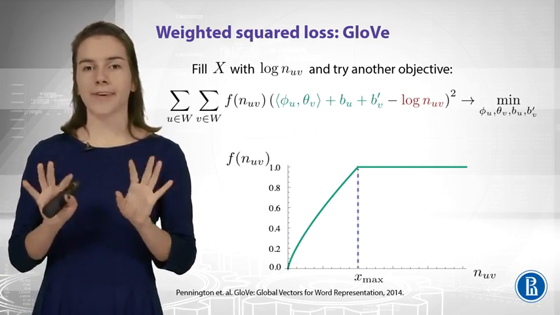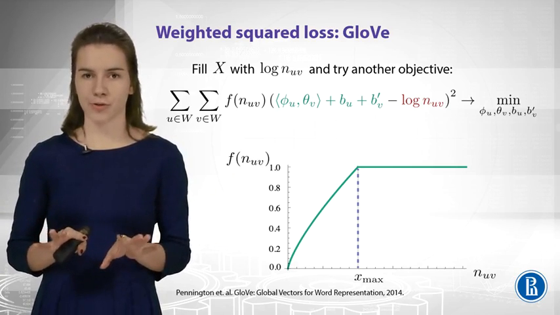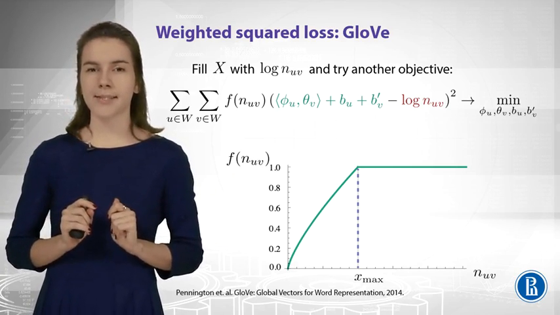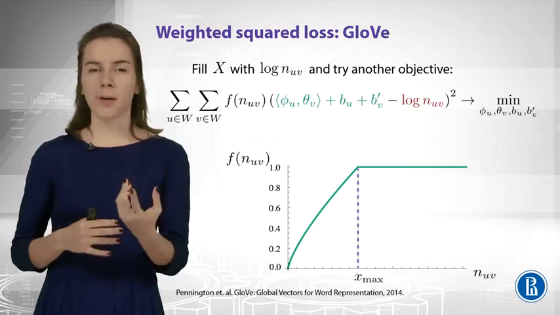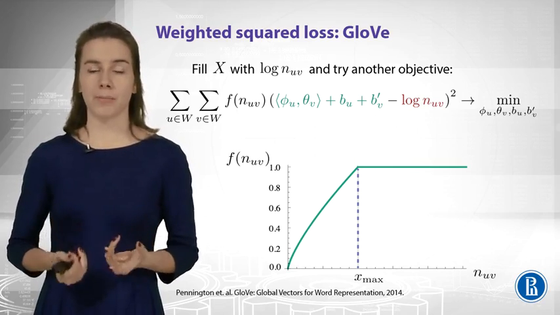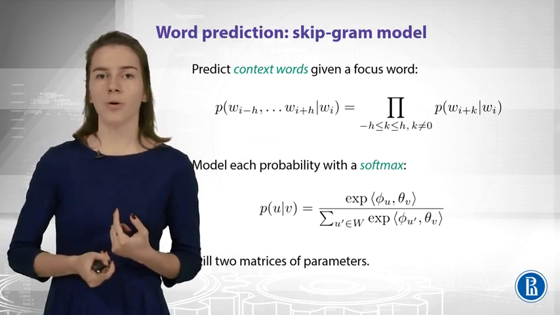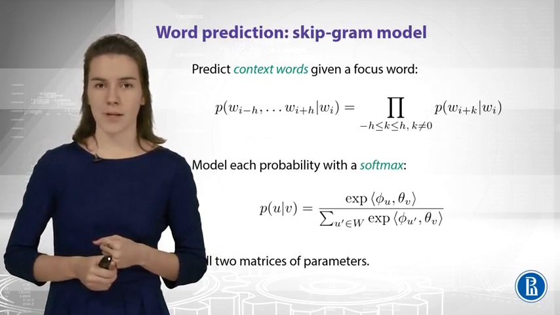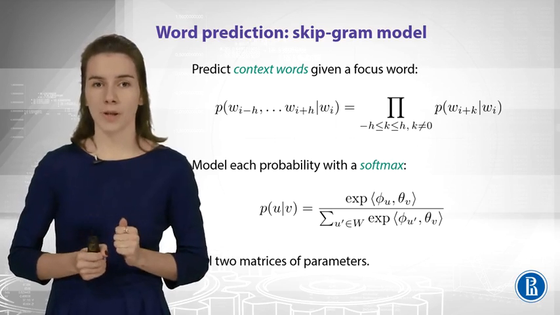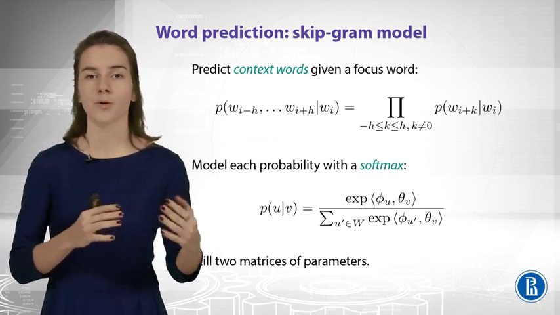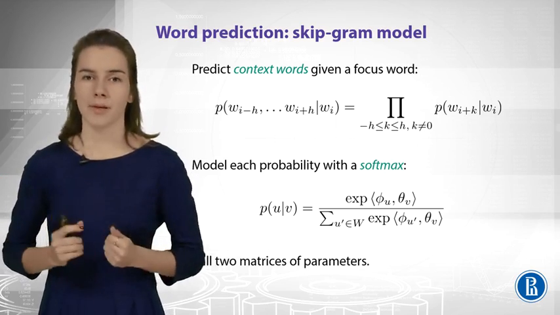Now, let us forget about matrix factorization for a few slides. Let us think about what would be other approaches to build word embeddings. Another approach to think about the task would be language modeling. So just to recap, language modeling is about probabilities of some words given some other words.